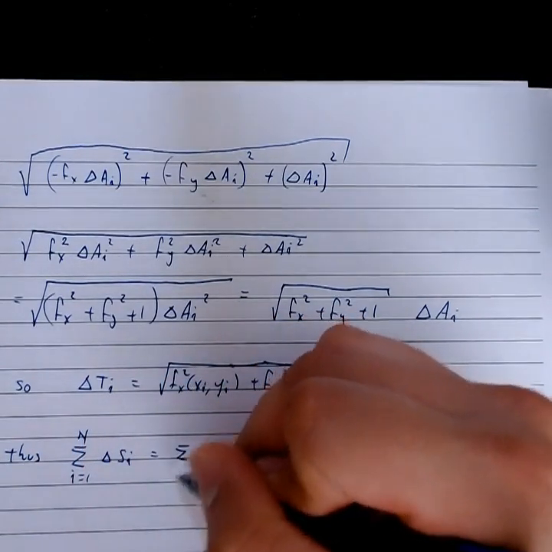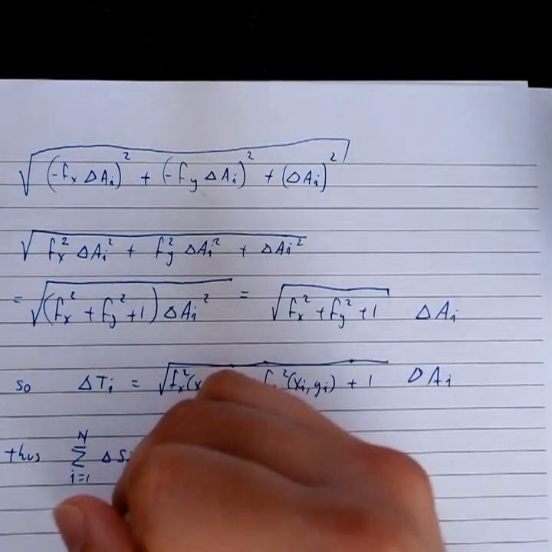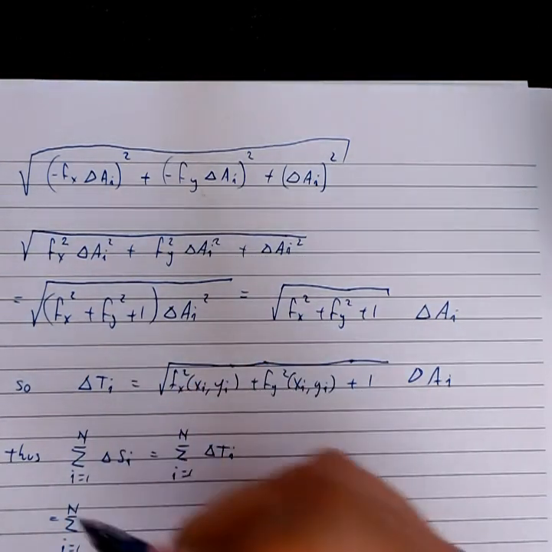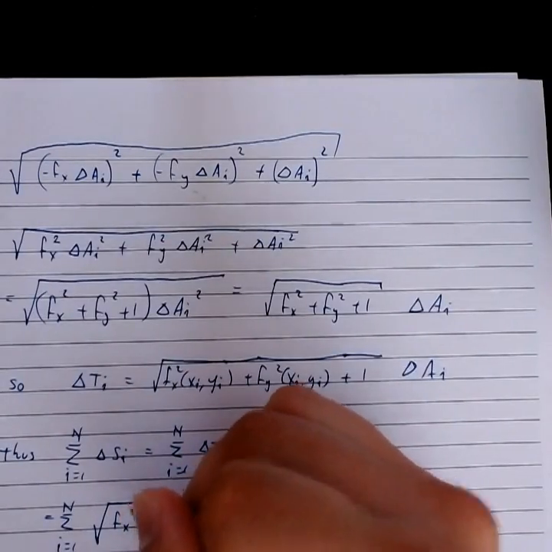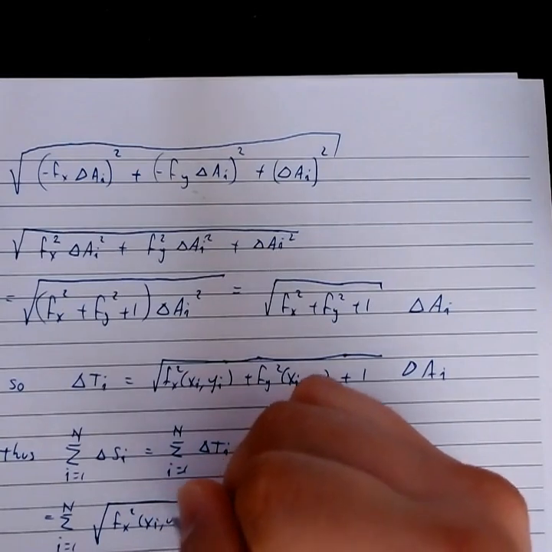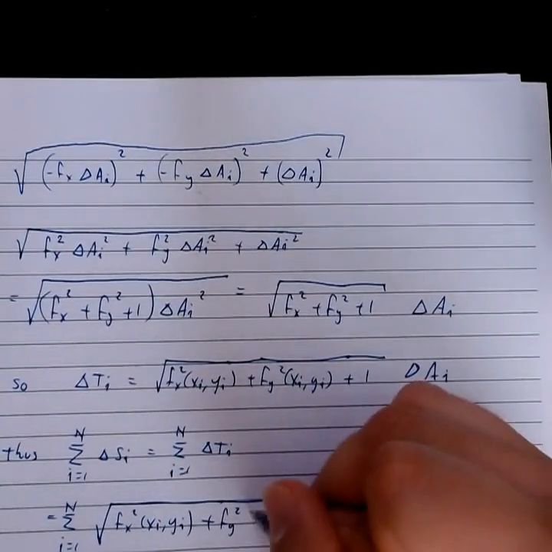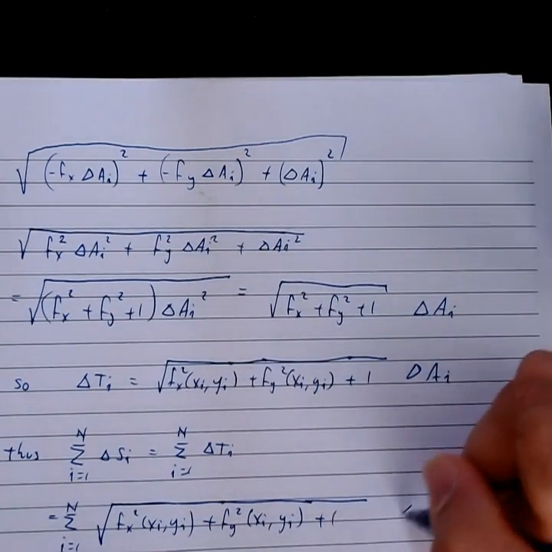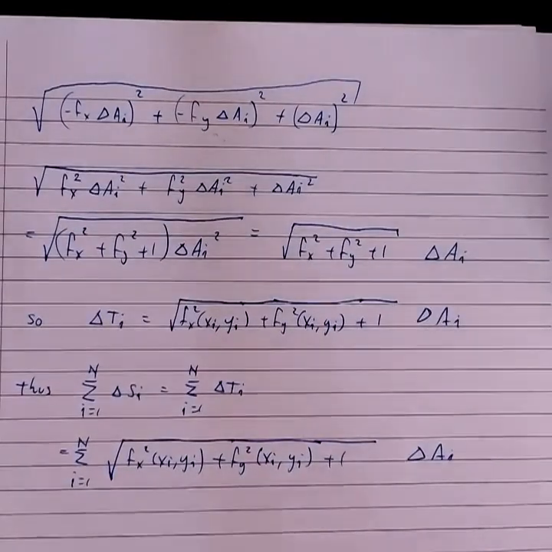That's equal to the sum as i goes from 1 to n of delta t sub i, which we can write as the sum as i goes from 1 to n of all of these things, which is square root of f sub x squared at xi comma yi plus f sub y squared, again at xi comma yi, plus 1 delta ai.